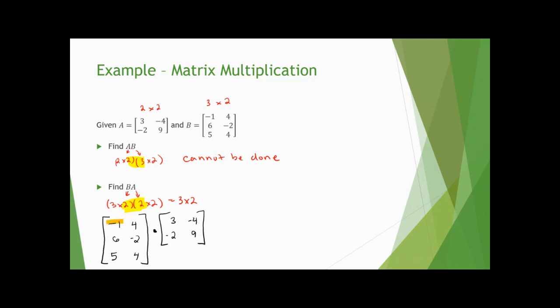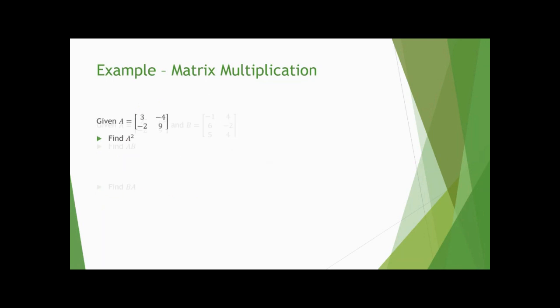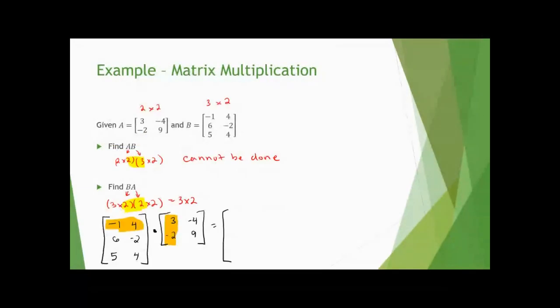I'm going to take the first row and I'm going to multiply it by the first column. This will take up a lot of work when you're writing this out. So I've got -1. Okay, so I'm taking the -1 and then I multiply it by the 3.